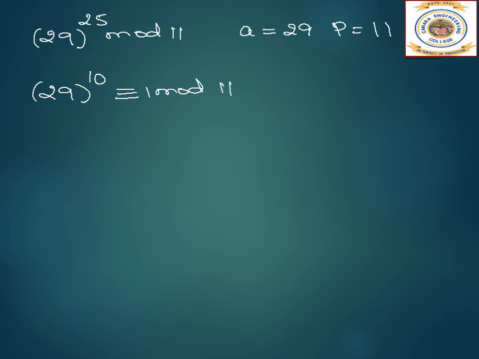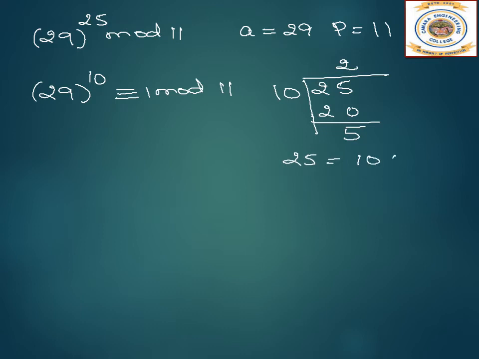So now we have to the power 25. So 25 I will have to divide by 10. So if I divide by 10, this is 20, so remainder is 5. So I can write 25 as 10 into 2 plus 5. So this I can write it as 29 to the power 10 into 2 plus 5 mod 11.